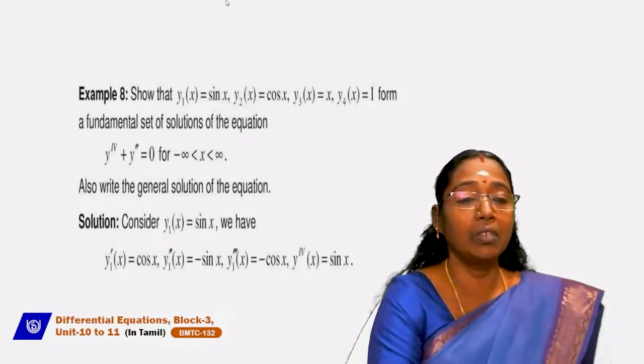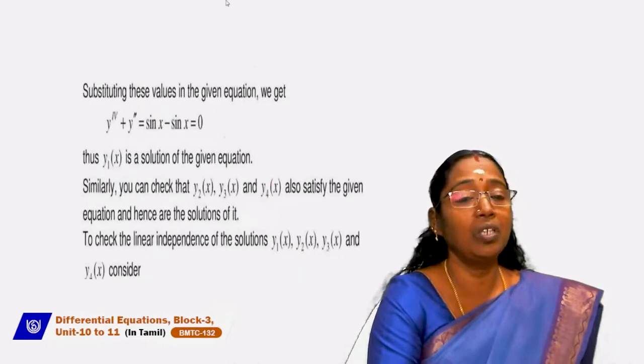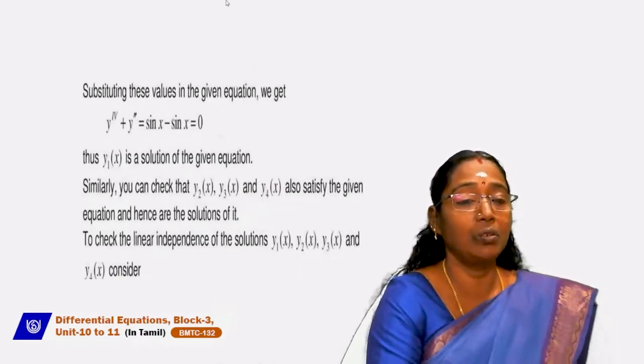Now solution: consider y1 of x equal to sin x. What is y1 dash, y1 double dash, and then y1 triple dash, y1 fourth dash? You have to substitute all those four values in the given equation, namely y fourth dash plus y double dash equal to 0. Substitute the values, and it will be equivalent to 0.